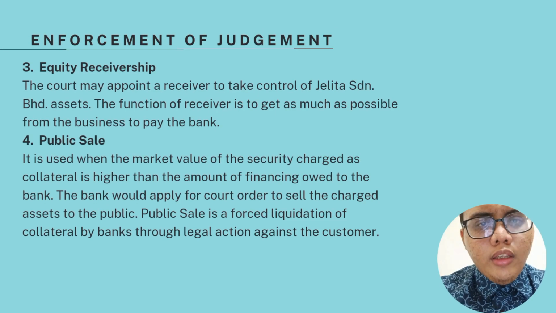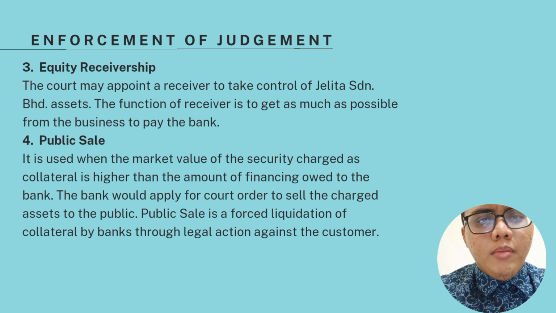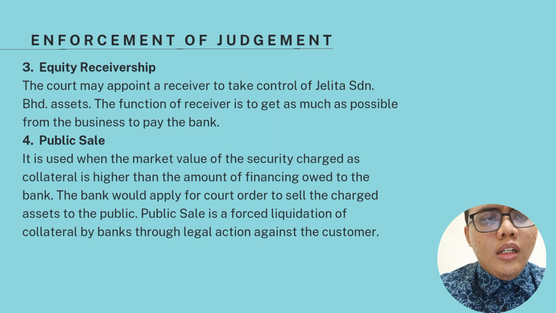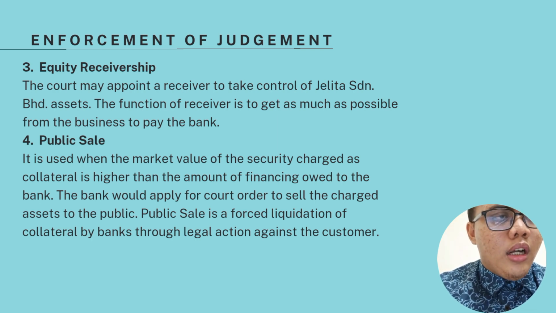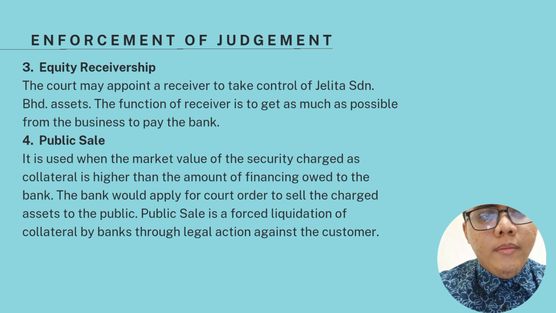I will continue with the third step under enforcement of judgment, which is equity receivership. The court may appoint a receiver to take control of Jelita Sdn Bhd assets. The function of the receiver is to get as much as possible from the business to pay the bank. The fourth step under enforcement of judgment is public sale.